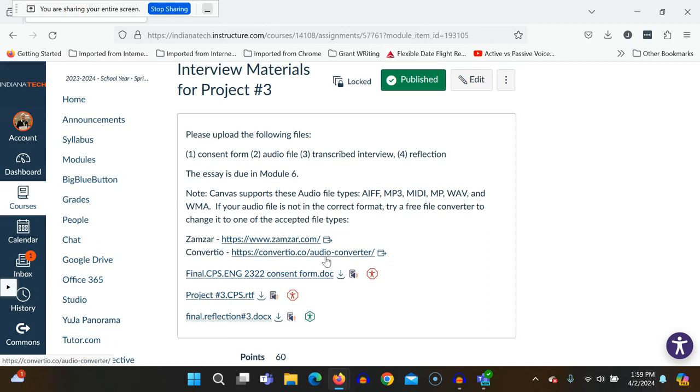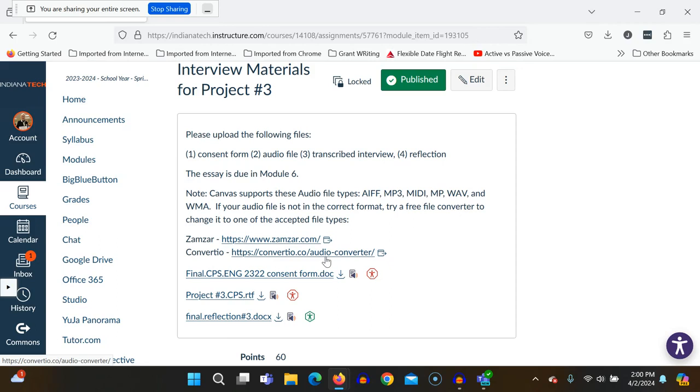If you're not using one of those, and you're going, say, if you're on an iPhone and you're going over to the App Store, or an Android would be slightly different, it'll tell you as you're searching through, just search for free audio or free transcriber, any of those kinds of things you're going to find.